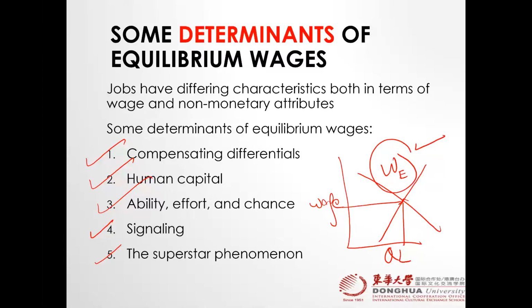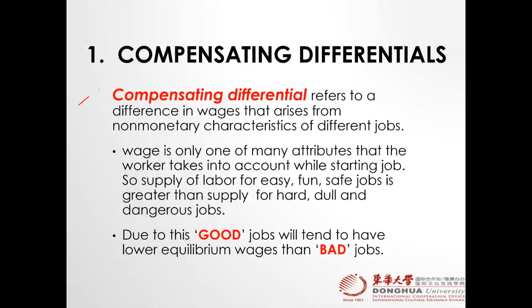So again, there are 5 determinants of equilibrium wage, all right, which are determined by labor supply and labor demand. So these are compensating differential, human capital, ability, effort, chance, signaling, and superstar phenomena. So let's just talk about one. Number one is compensating differential.